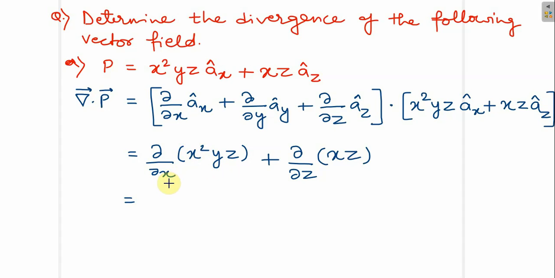The differentiation of x square with respect to x will be 2x, and the remaining terms appear as they are, so 2xyz, and then plus, with respect to z, x is constant, so only x will appear. So this is the divergence of this vector field P.